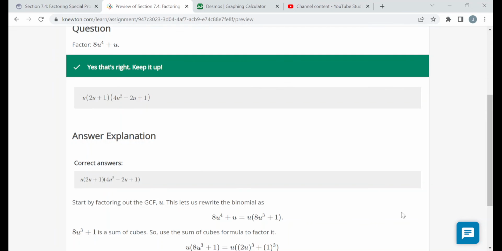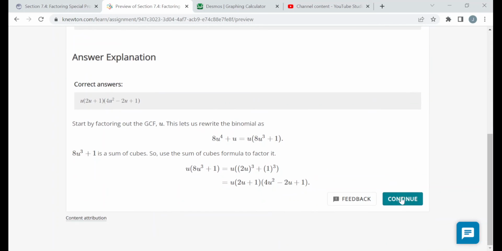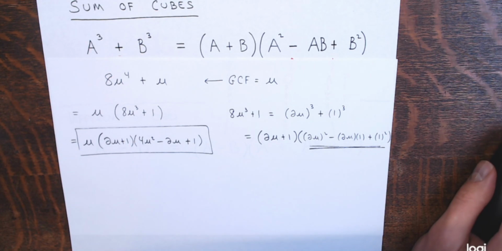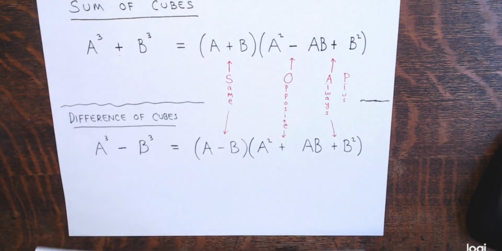Wonderful. I should have just one more of these with either a sum or a difference of cubes. Once again I'm seeing a plus sign between the two terms, so it probably involves a sum of cubes, so I'll leave that formula up.